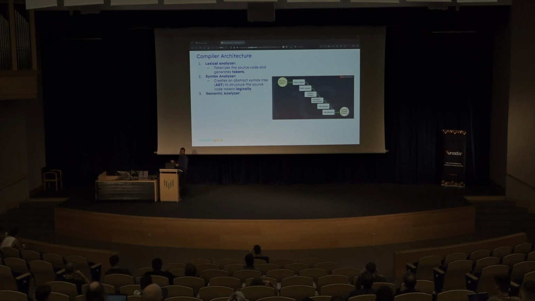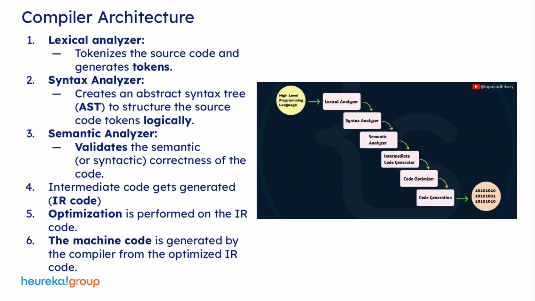Then comes the semantic analyzer that validates the code, semantics or syntactics. Based on that, some IR code, intermediate code, is generated. Then comes optimizations based on that IR code. And finally, the machine code is generated by the last step, from the optimized code. So, high level. A compiler is some kind of program.